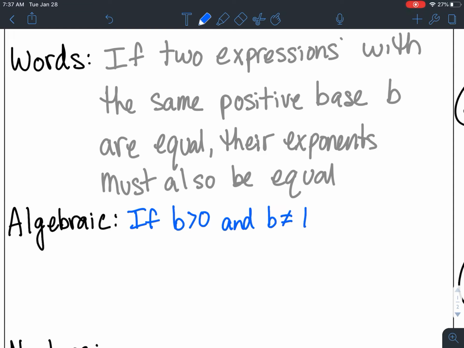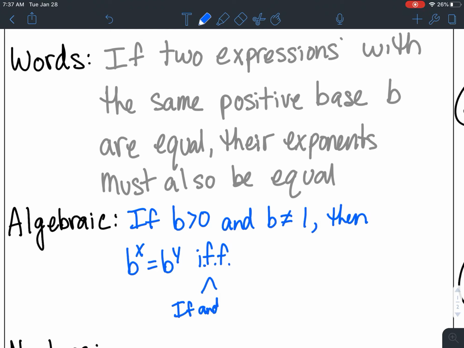So the same requirement, as long as my base isn't negative or 1, then b to the x power equals b to the y power if and only if x equals y.